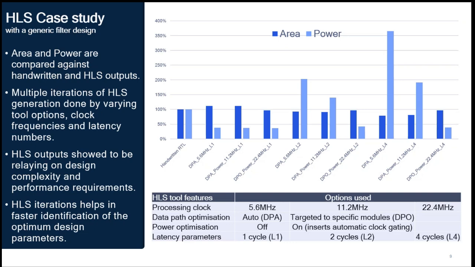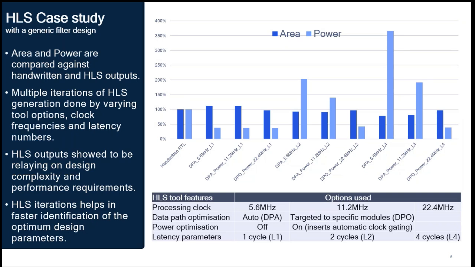And then the graph shows a typical comparison with handwritten RTL for a typical use case, along with these many variants. If you look at it, when you go from left to right, the amount of hardware is getting reduced based on the latency changes.